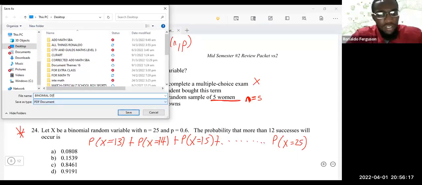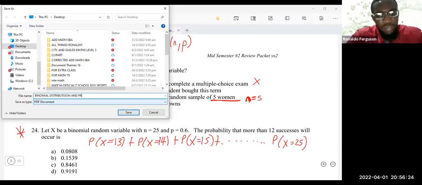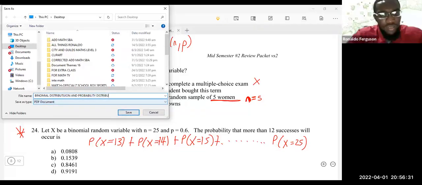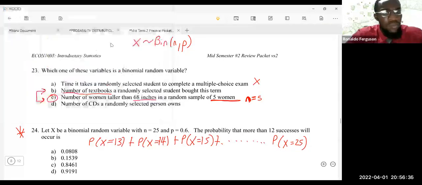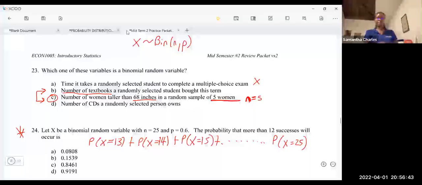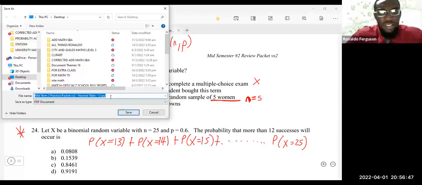Binomial distribution and probability distribution table. Save file. Yeah, I'm checking one.